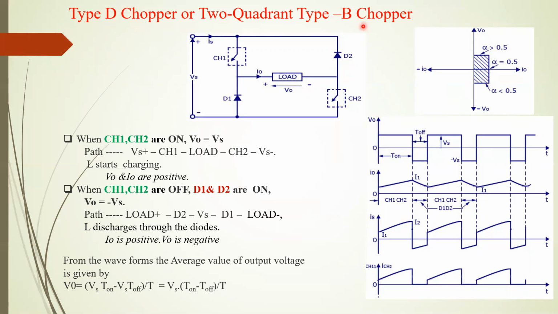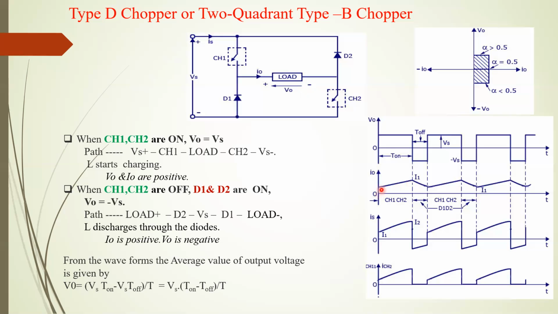From the waveforms, I will explain the operation of the circuit. This is the V naught, the load voltage. I naught is the load current, Is is the source current, and chopper 1 and chopper 2 operations are shown here. The supply voltage is always constant. When chopper 1 and chopper 2 are on, the inductive load starts charging from minimum position to maximum position.